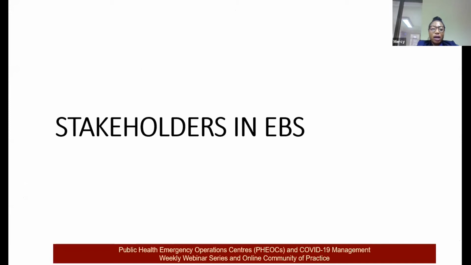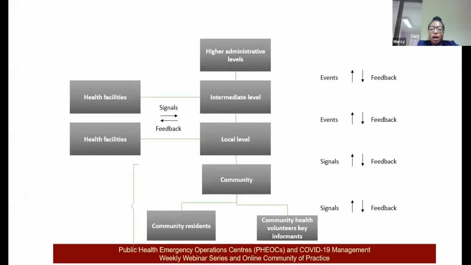So now let's take a look at the various stakeholders that are involved in EBS. In most countries, we have a very structured system of information flow, and these follow the administrative structure of the country. So usually we have the higher administrative level, which is usually the national level.